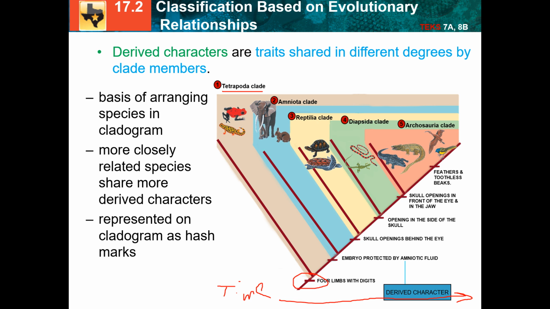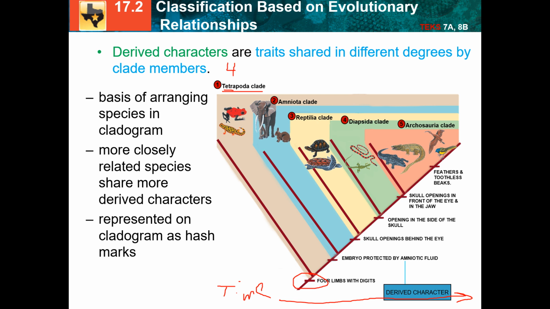Tetra means four, so it's referring to animals that have four legs. So every single one of these animals in this picture has four legs. Sort of. Snakes technically have these tiny baby legs that are essentially non-existent. Birds have wings that count as their two arms. Anyways, four limbs with digits.